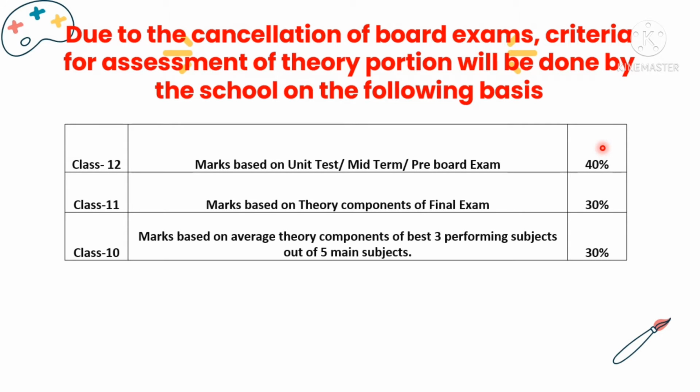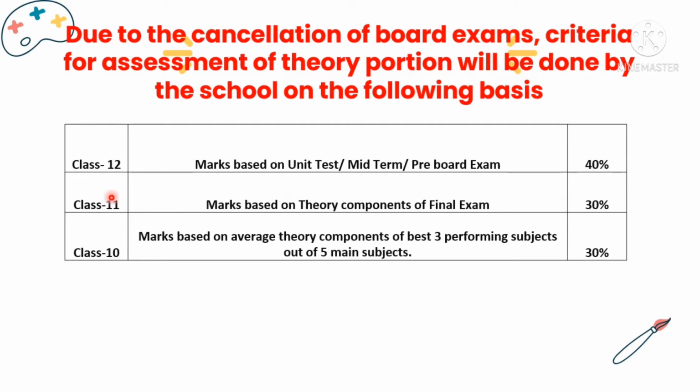From class 12, 40% marks based on unit test, midterm or pre-board exam. It may be conducted in online mode or offline mode. So the school has to take 40% of that.